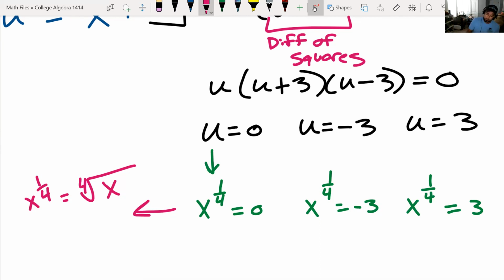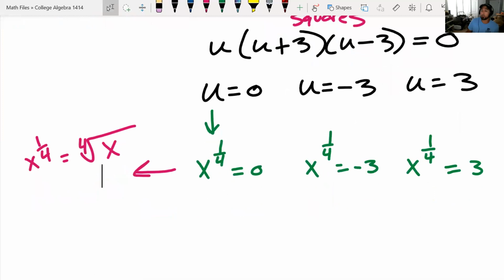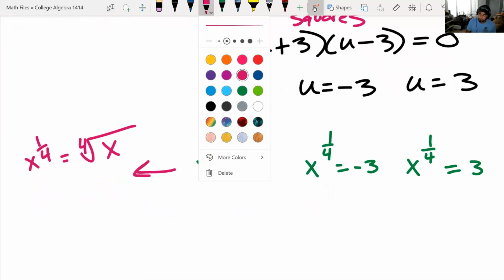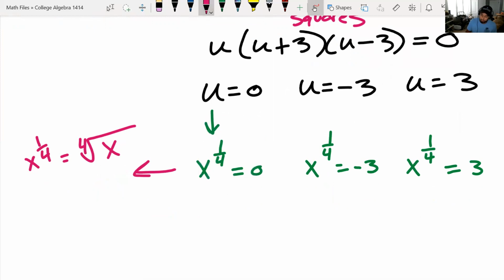Okay, so the only one we can knock out here is this one. We don't have to solve it because, again, it's an even root, and we should not have any negative numbers coming out of an even root. So we can just go ahead and cross that guy out.